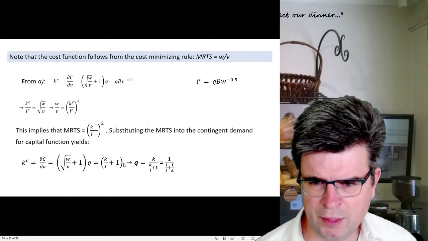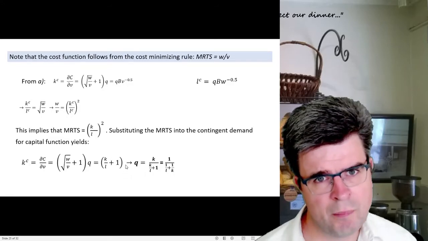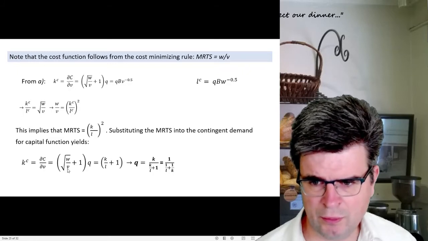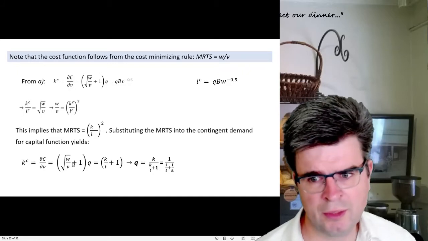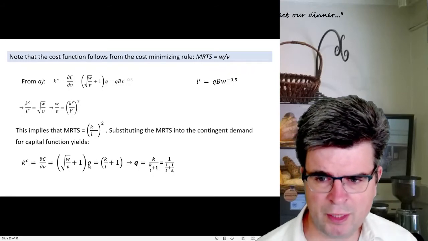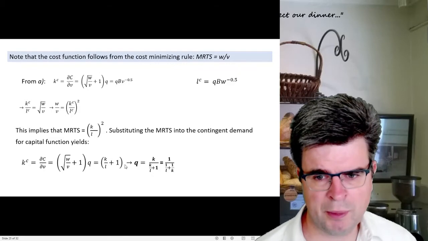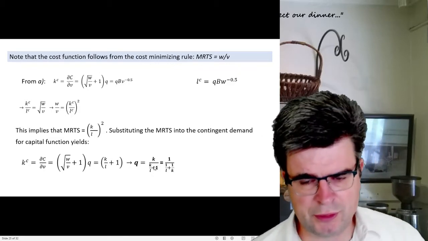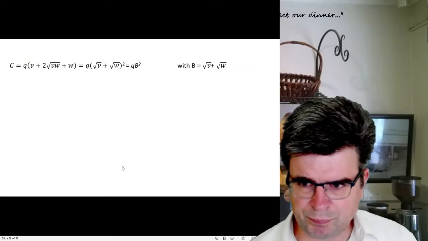And what is omitted here should also be a Q behind the parentheses. Because the only thing that changes here is that we replace the square root over here by K over L. Here appears a Q, and it should also appear here. And then solving for Q gives us this production function.